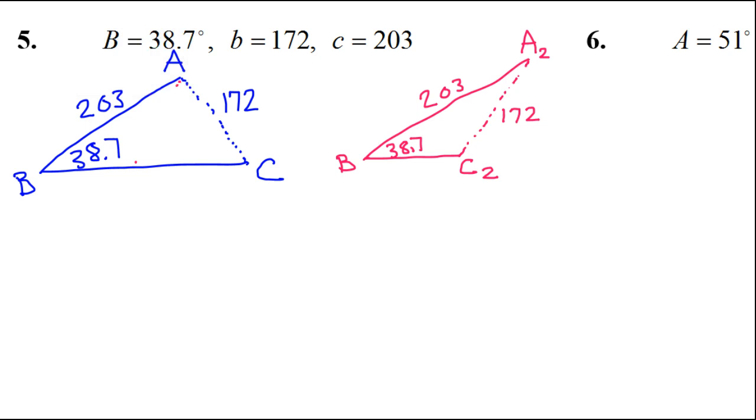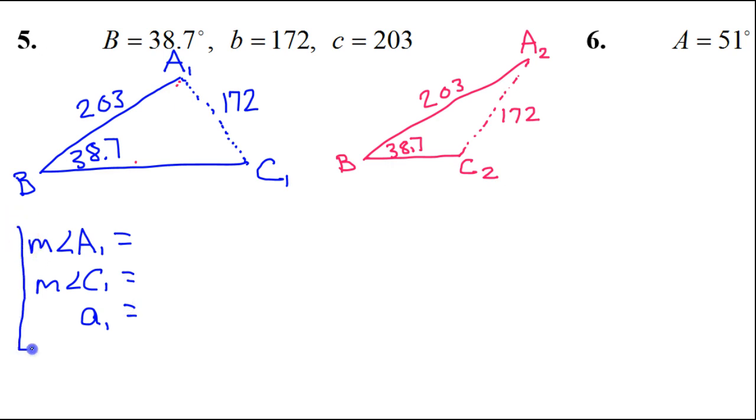So drawing my solution boxes. For this triangle, we need to find angle A, angle C, and side A. And in fact, just like I called these A2 and C2, I'm going to call this A1 and C1. So we're going to need to find the measure of angle A1, the measure of angle C1, and side A1.